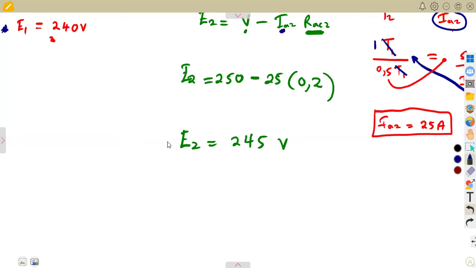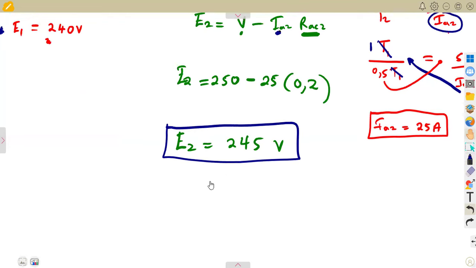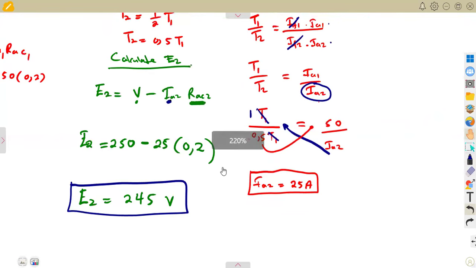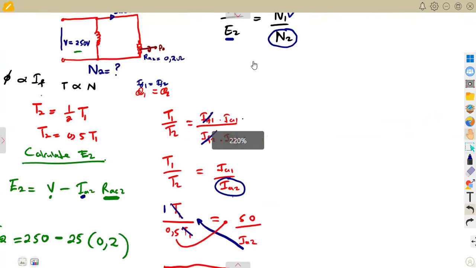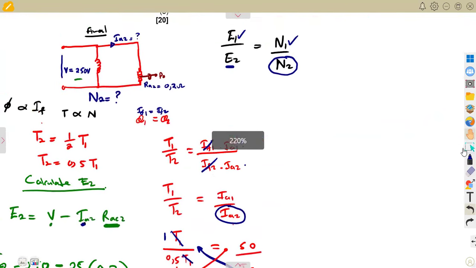So you have to be careful the way that you consider your questions. Having E2, this is going to help us find N2 from our speed control formula. We just consider our speed control formula here.